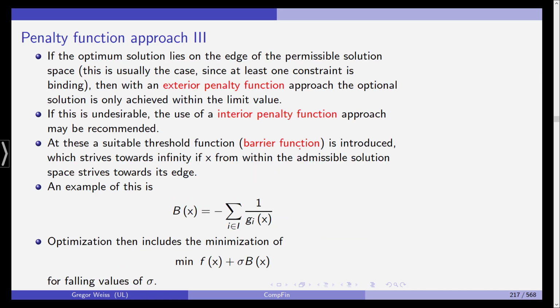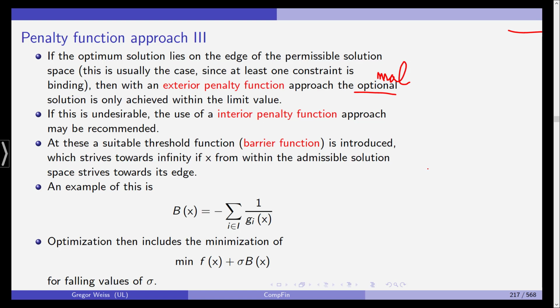Now, if the optimum lies on the edge of the permissible solution space, and this is usually the case, at least one constraint is binding, then with the exterior penalty function approach, the optimal solution is only achieved in the limit value.